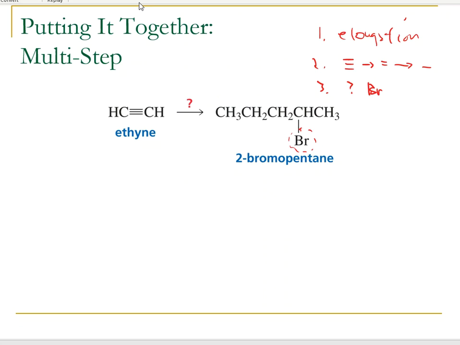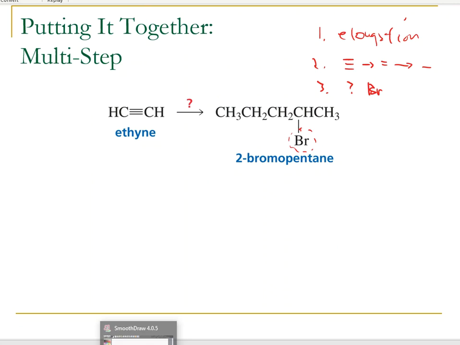Guys, this is the thought process that I go through every single time that I do one of these multi-step synthesis problems. It kind of gives me a roadmap. It gives me a plan. That way I don't lose track of that plan throughout the picking and choosing of the reactions.